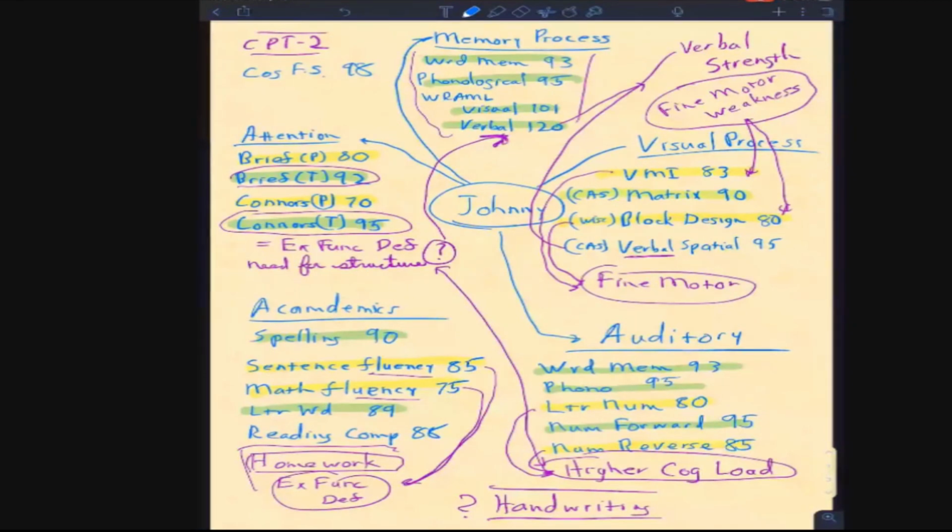Can the parent surveys correlate with the math fluency score? Good question, Dennis. Think about this for a minute. Math and sentence writing require fine motor skills. Math is lower. Johnny might find math to be a higher cognitive load.